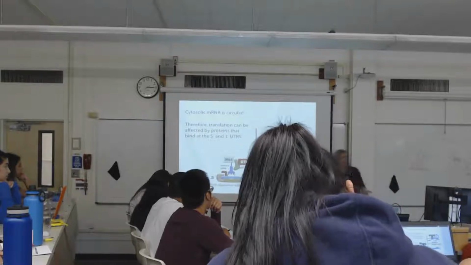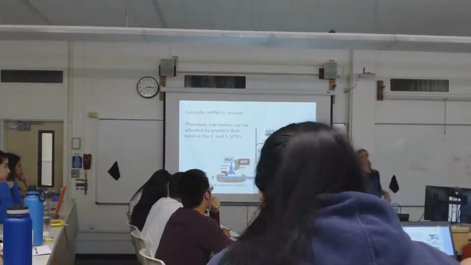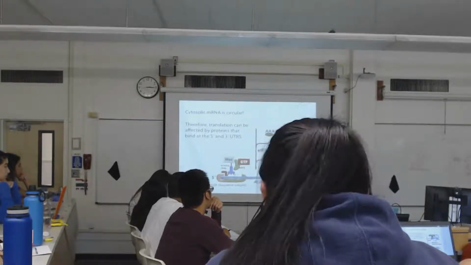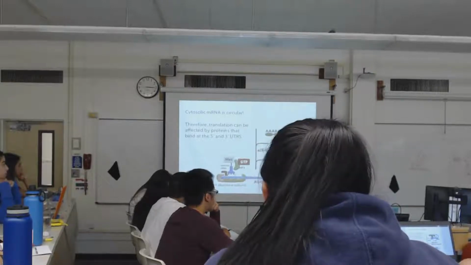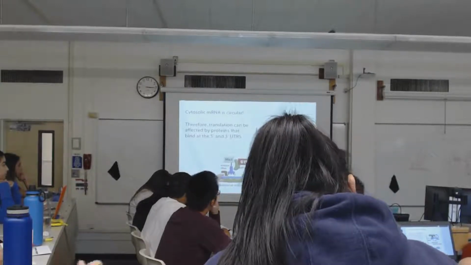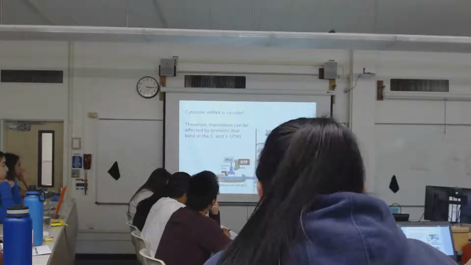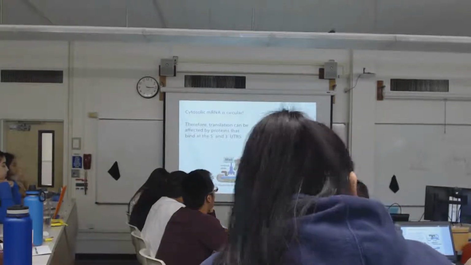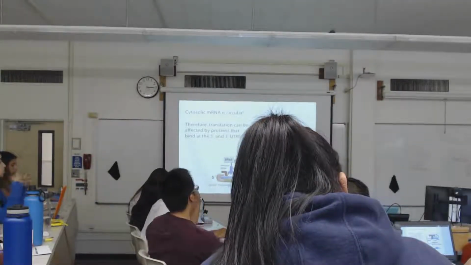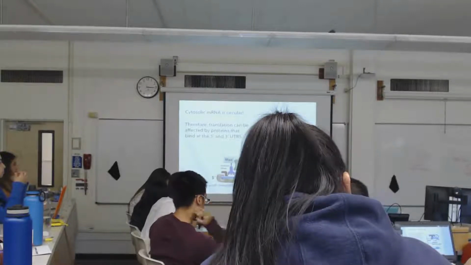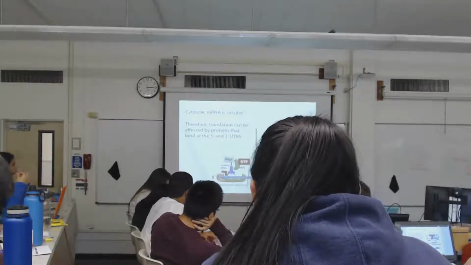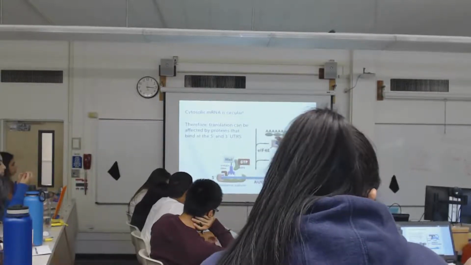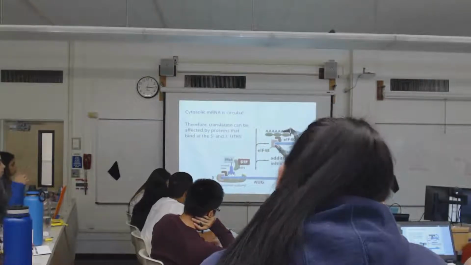Well, it turns out that especially mammalian messenger RNAs are actually in a circular conformation. So that's what this image is showing. In blue is our mRNA. Here's the 5' cap, and the cap is surrounded by proteins, and we'll talk a lot about that. Here's the poly A tail. So check it out.